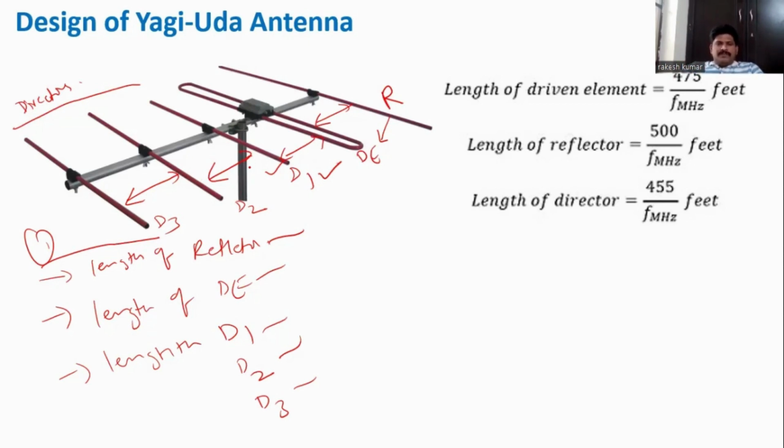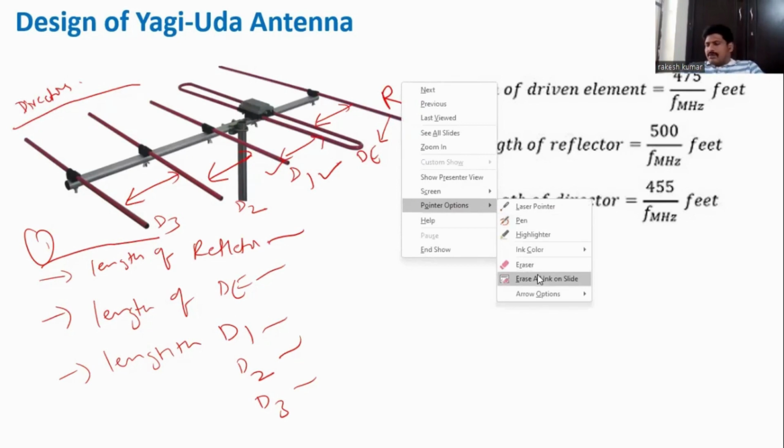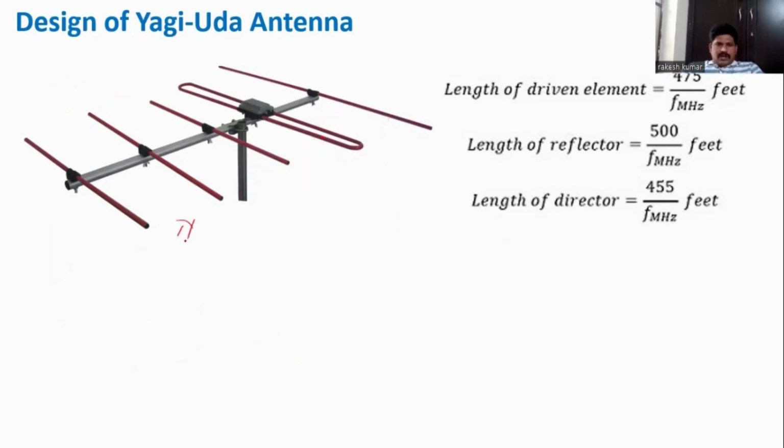Generally, we consider the length of the driven element as lambda by 2. What is lambda? Lambda is c by f. C is 3 into 10 to the power of 8, and f is the frequency.